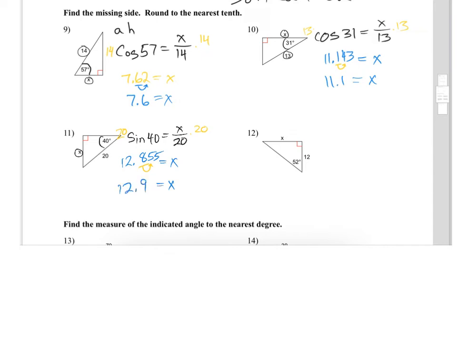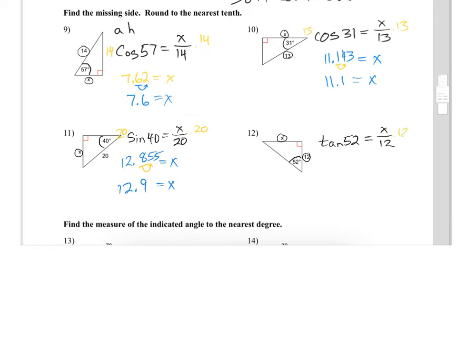All right, number 12. This is our corner. Here we have an adjacent side and an opposite side. That means we're going to use the tangent of 52 degrees is equal to the opposite side over the adjacent side.